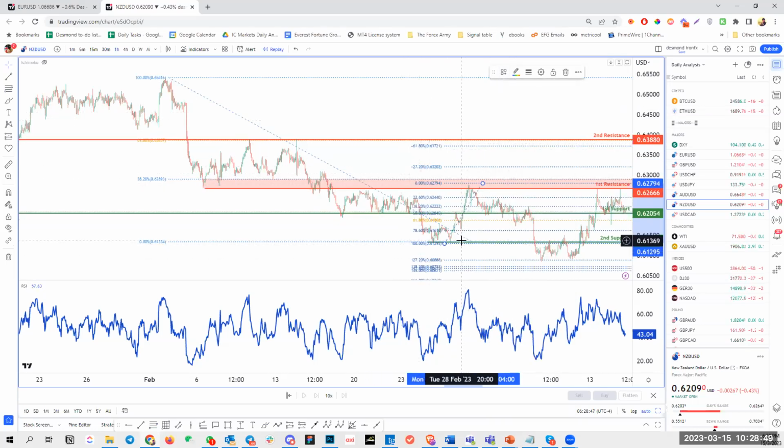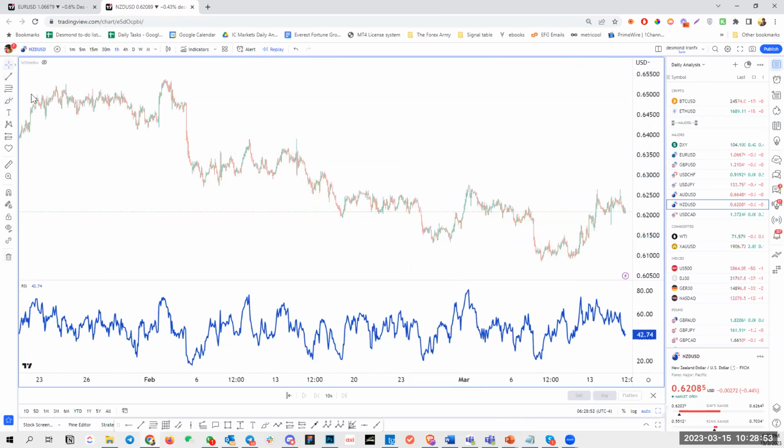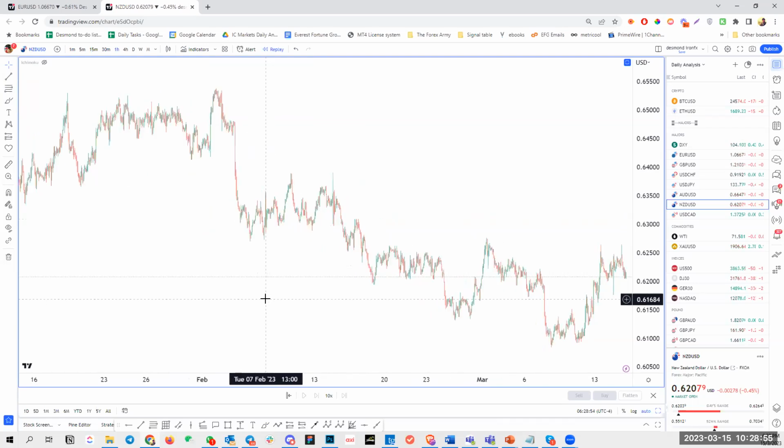Okay, there we go. This example, I should be able to show you a little bit more confluence over here.